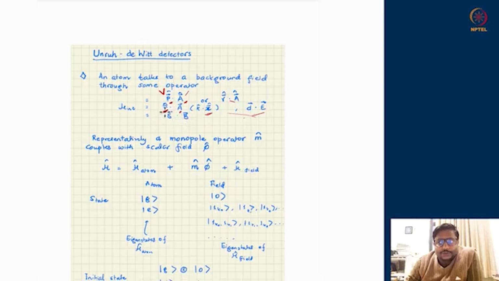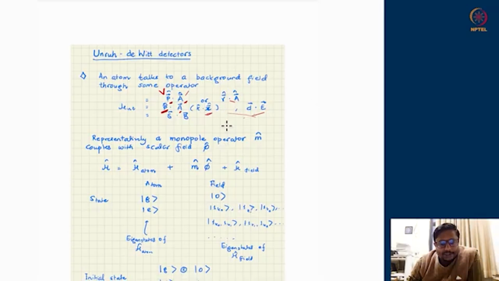So their higher powers are typically ignored or dropped, but there is no mathematical hard and fast rule that they should be dropped. If you are interested in conditions where you have a strong electromagnetic field or a strong background field of whatever sort, you should include higher order terms as well.